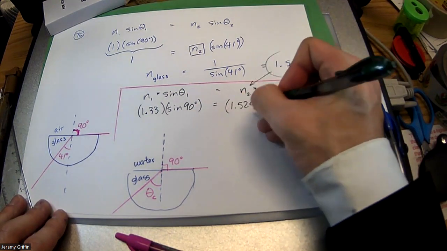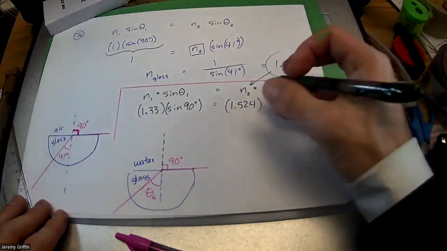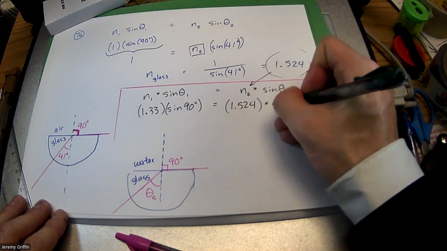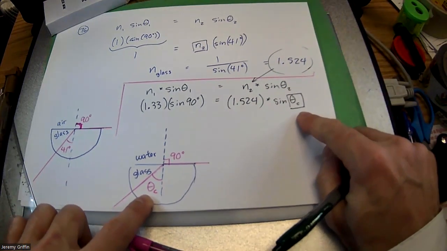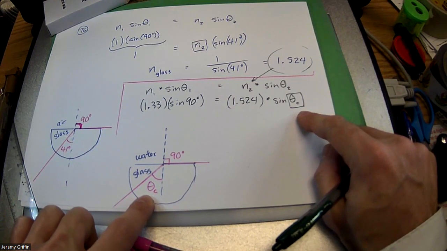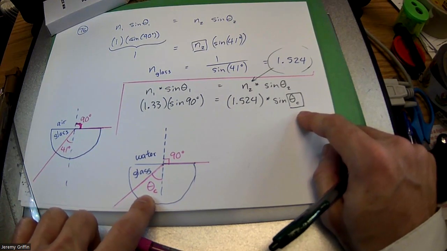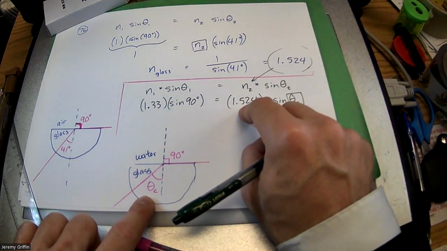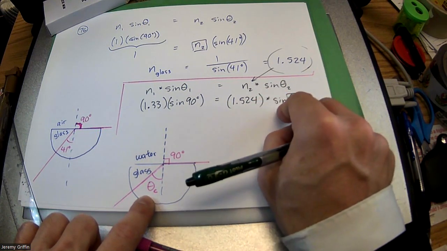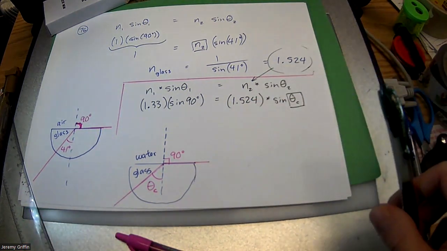I'm not going to attach any units, unitless, times sine of the new critical angle that we're solving for. We're trying to figure out what this theta C is. We're a couple of steps away. You guys see the 2 steps we have to do? Divide over 1.524 and then take the inverse sine. That's it.